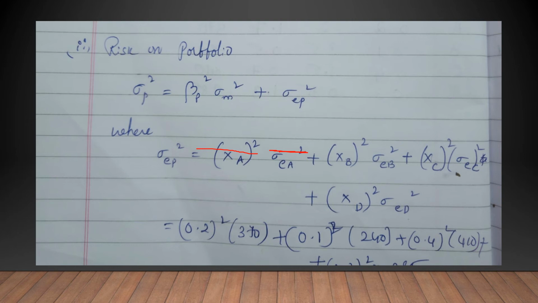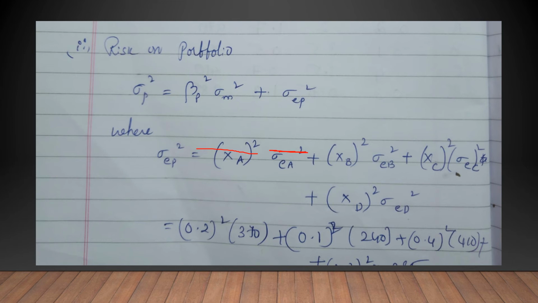Systematic risk is nothing but beta square into the variance of market. And this is unsystematic risk.